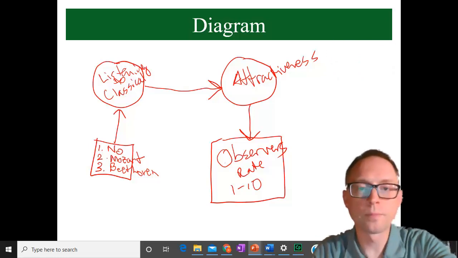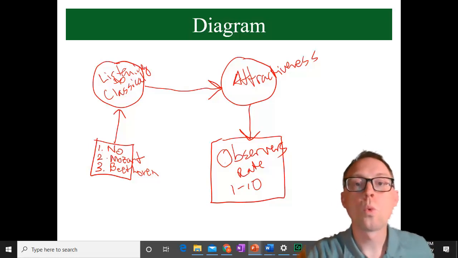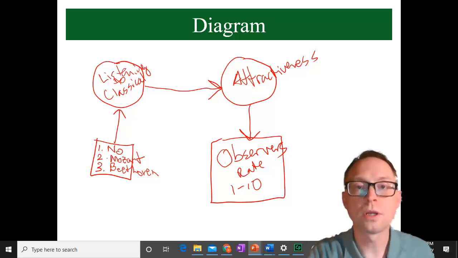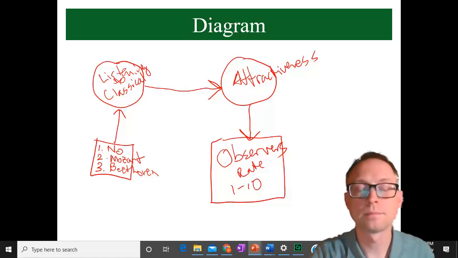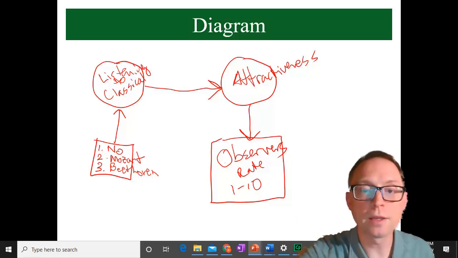Let's look right here. When you're looking at this, what would be a question of construct validity? What is a question of construct validity on this diagram? The only question of construct validity is whether the observer's ratings really do measure attractiveness.